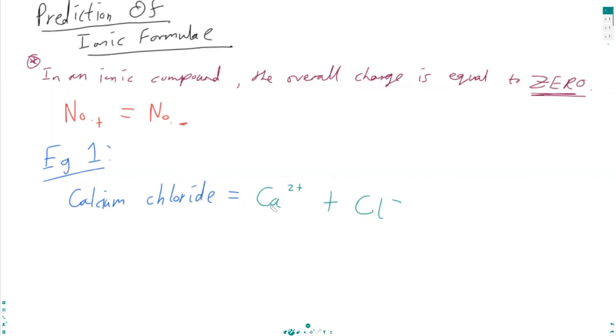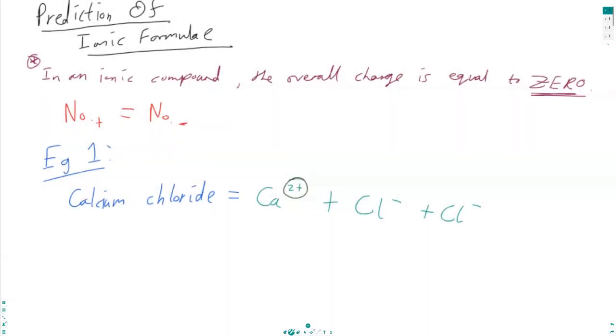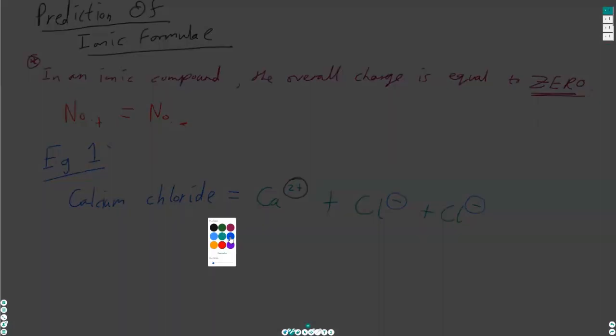Since Ca has a 2 plus ion, but Cl has only a 1 minus ion, and we want to make the overall charge equal to 0, we must have another Cl minus ion. So Ca2+ and 2 Cl-, because each 1 minus cancels out that 2 plus.